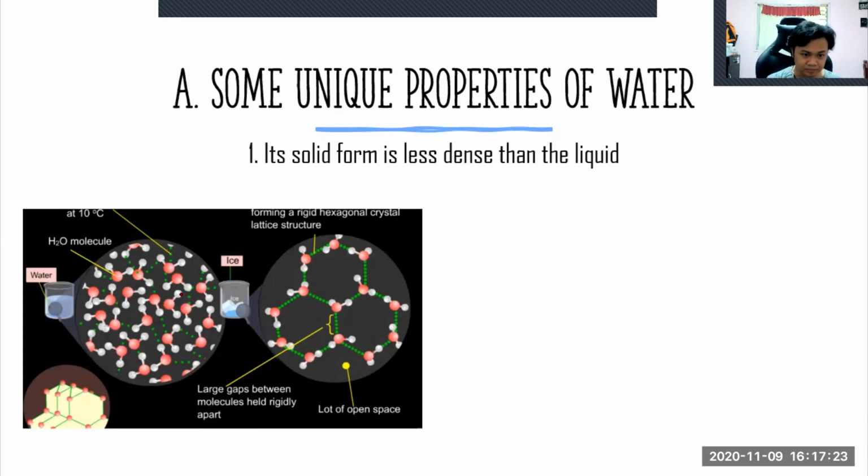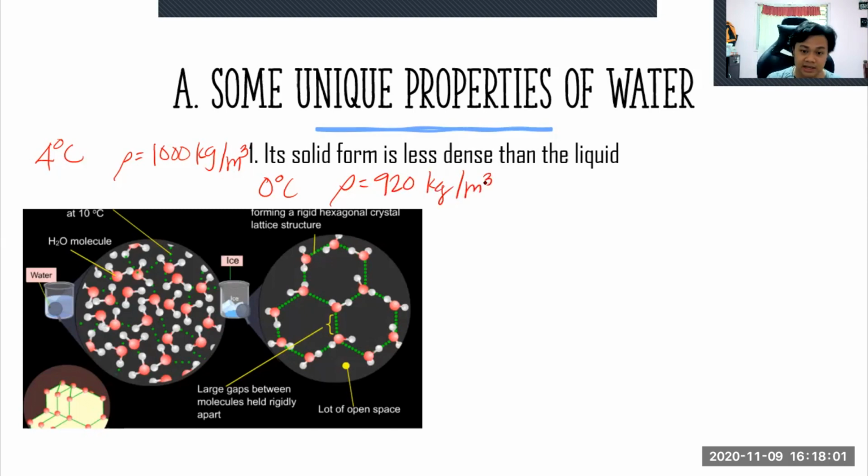If we are being really technical here, at 4 degrees Celsius, the density of liquid water is 1,000 kilograms per cubic meter. And then, if we look at the ice, which is the solid form of water, at 0 degrees Celsius, which is the freezing point of water, the density of the ice is 920 kilograms per cubic meter.